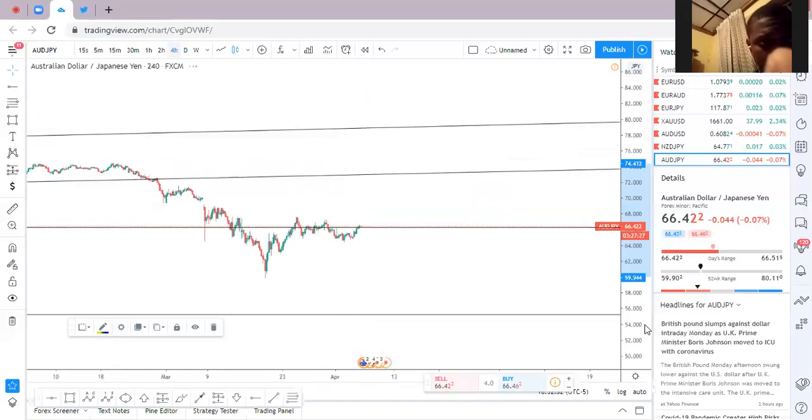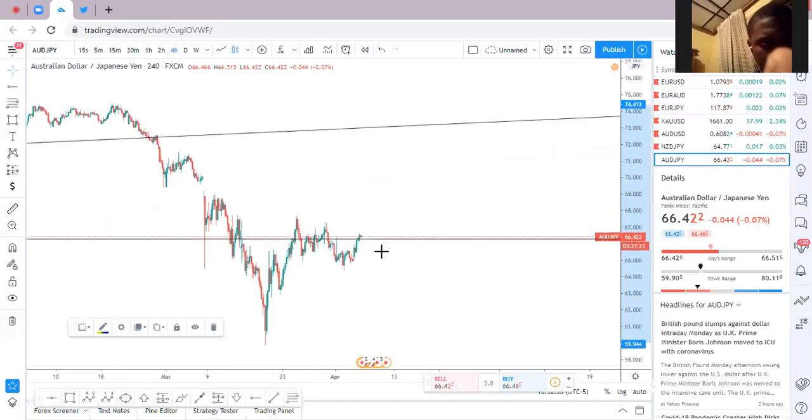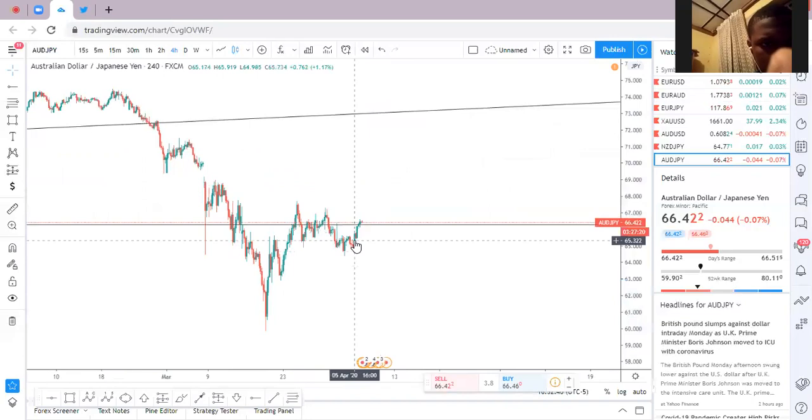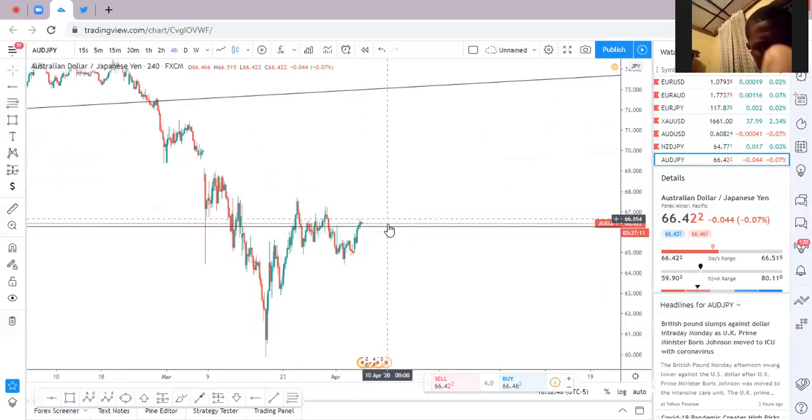Moving on to the 4-hour time frame. On the 4-hour, you can see price has already broken the resistance and turned it to support. You can see the red candle forming, trying to retest that place and see if it's strong enough to hold.